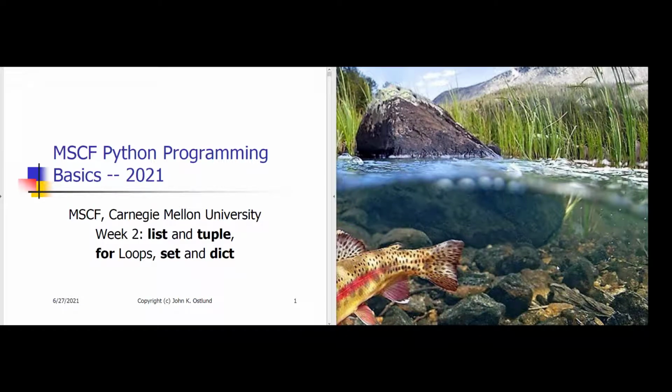Okay, welcome to MSCF Python Programming Basics, Week 2. In Week 1, we introduced the idea of values of different low-level types, int, float, str, bool, and the special value None. We also talked about variables with assignment of values into variables.